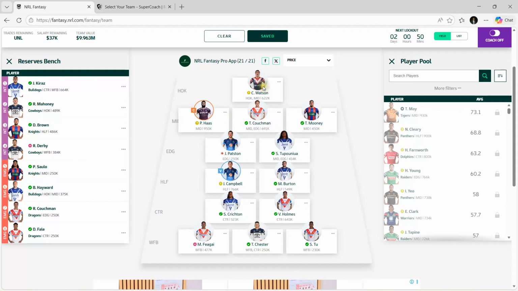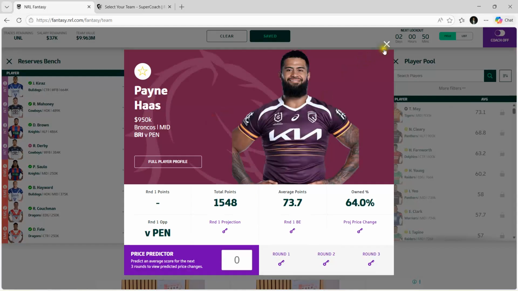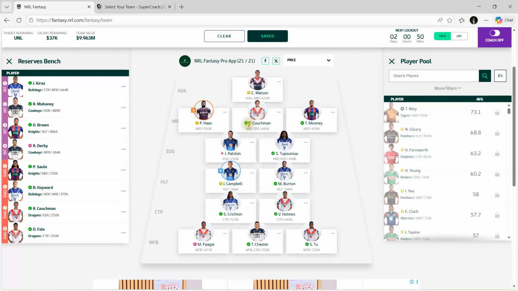So if Watson does his hammy during warm up, then the replacement for him is our highest prioritised hooker. Same with our middles. If the middle goes down in warm up or just gets scratched for some reason, then the highest prioritised middle is Solo and then Hayward.